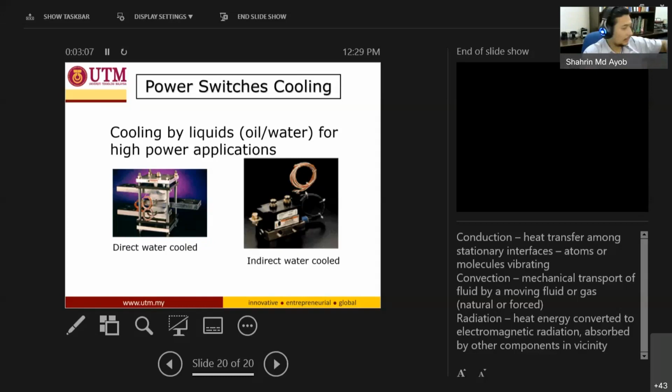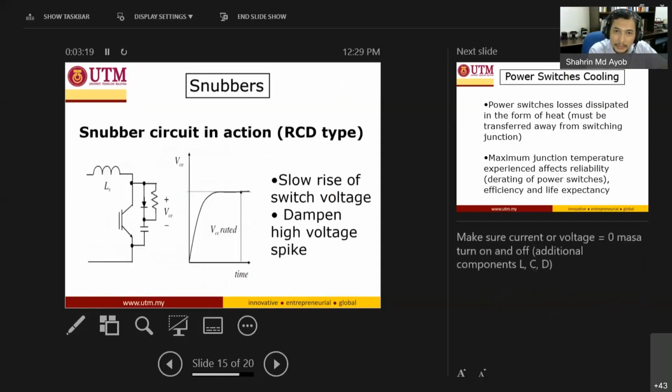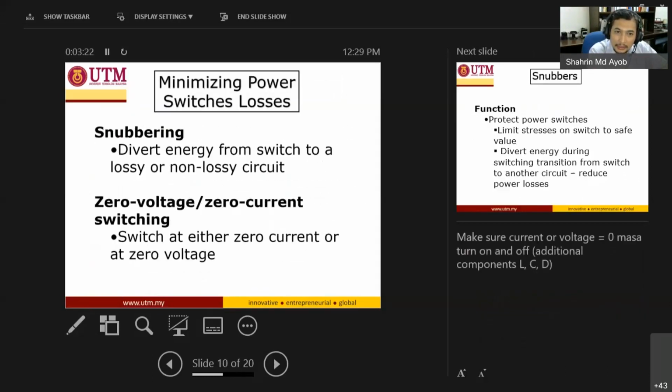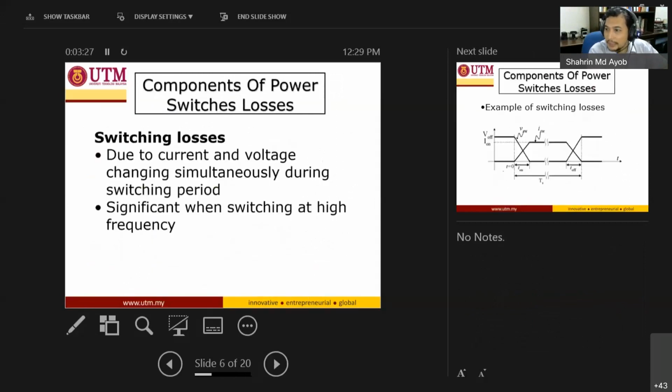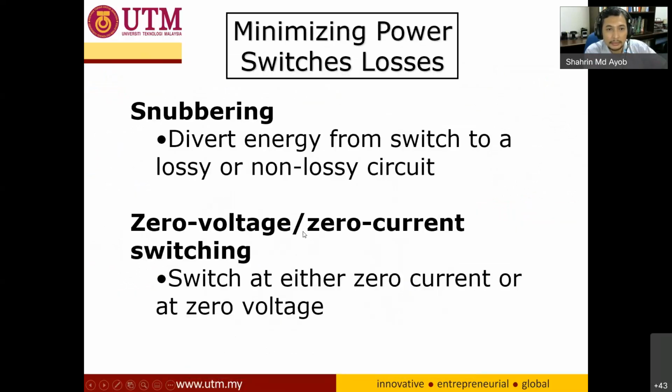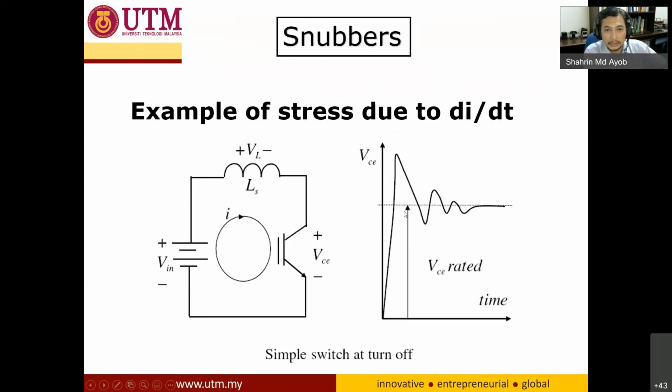Okay, I think that's all, because I didn't expect the slide to be so short. In our next class we will be more on the switching losses, which is also very crucial. Then we will talk about snubbers, because we have this overshoot and so on, and how to remove it.